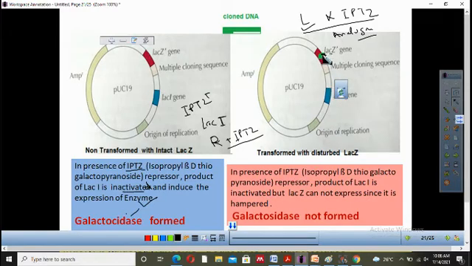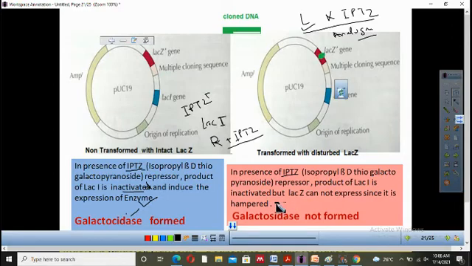But because this insertion has taken place within the reading frame, the reading frame of lacZ is disturbed, so there will be no lacZ expression. Even in the presence of IPTG, where the repressor is inactivated, the lacZ gene is disturbed by the insertion.